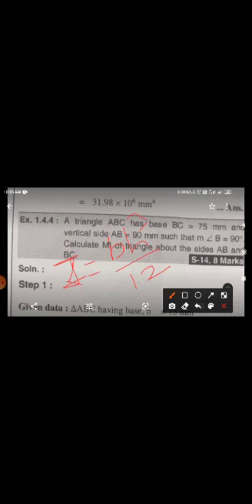For this we must know the formula for the moment of inertia of a triangle about any of its sides, which is I equals b h cube upon 12, where b stands for base and h stands for height.